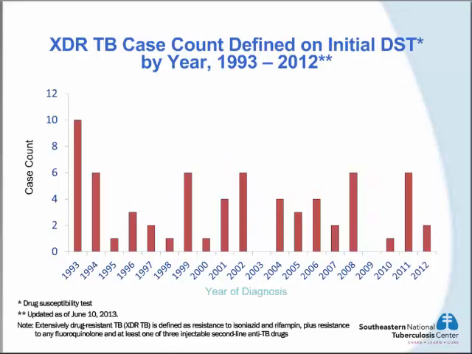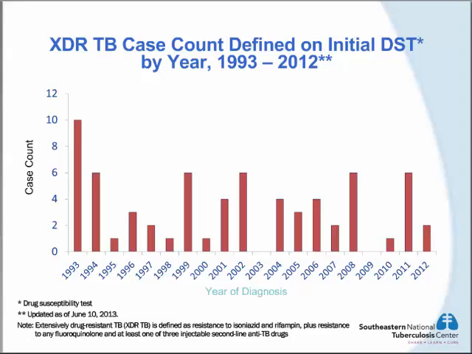XDR-TB, which is defined as TB that is resistant to INH, rifampin, fluoroquinolones, and at least one of the injectable drugs, doesn't have a clear epidemiology or a clear trend in the United States. Fortunately, the numbers have remained low.